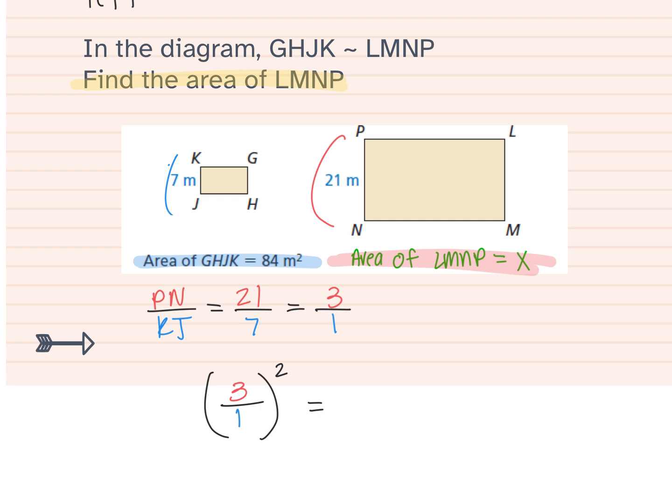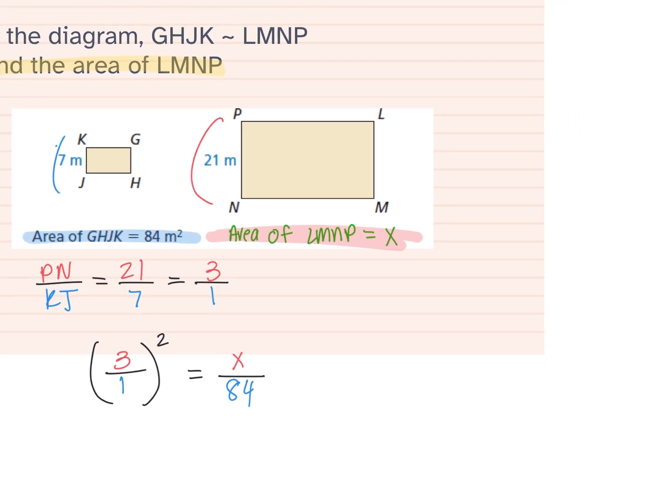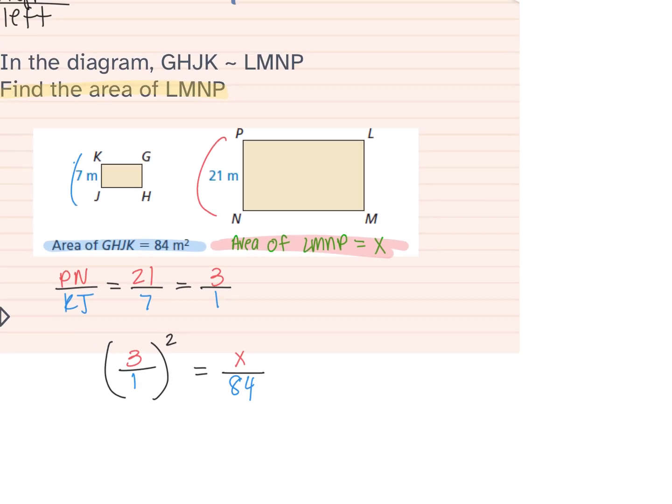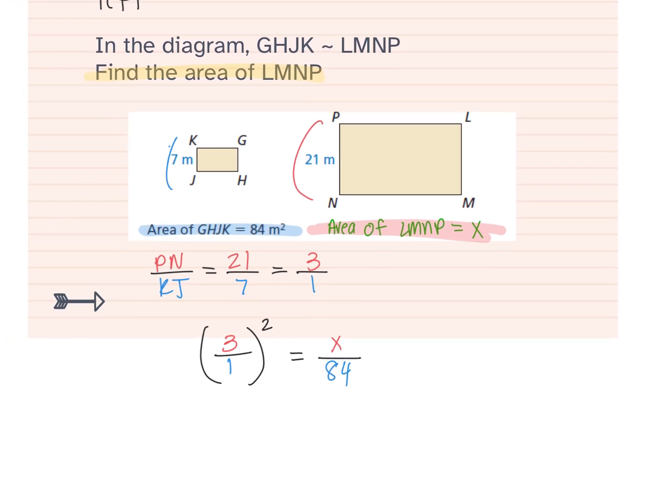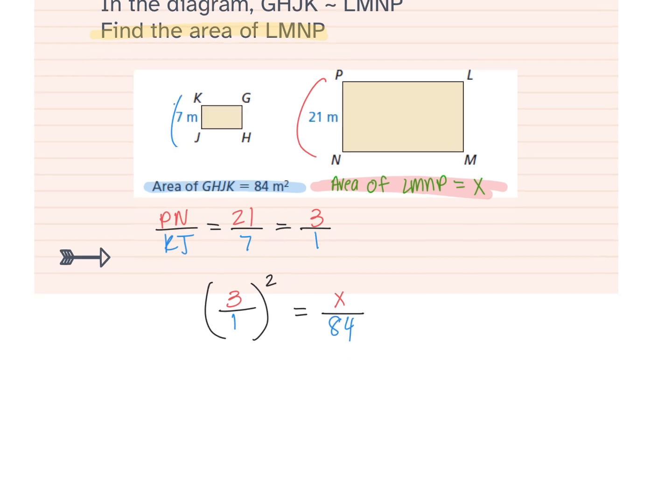So I'm going to write it with my blues. I'm going to have 84 over, do I know the area of my red side? No. X. Now I have to solve for that X. So what is 3 squared? Remember, it's not 3 times 2. It's 9. Good. It's 3 times 3.